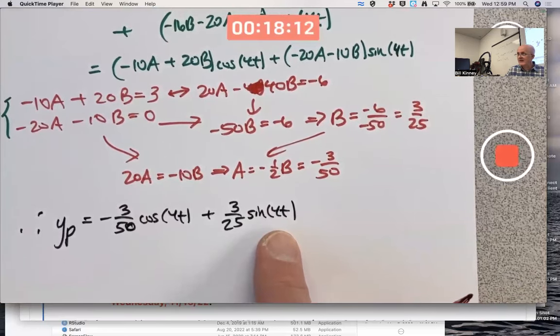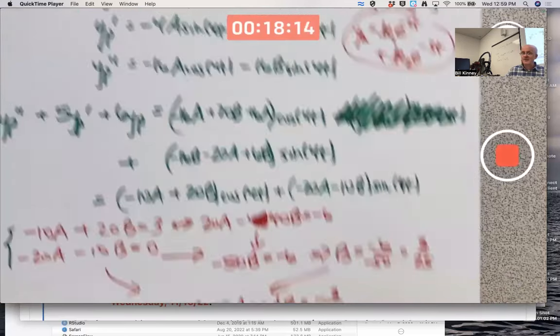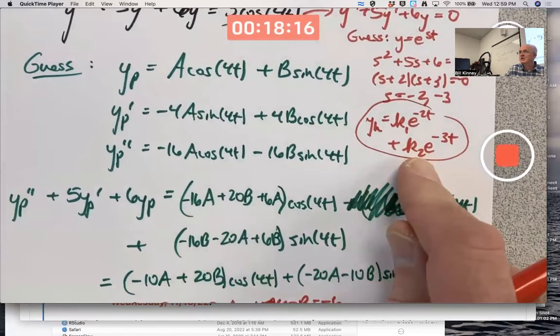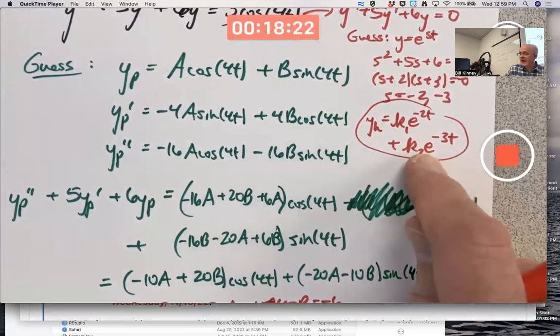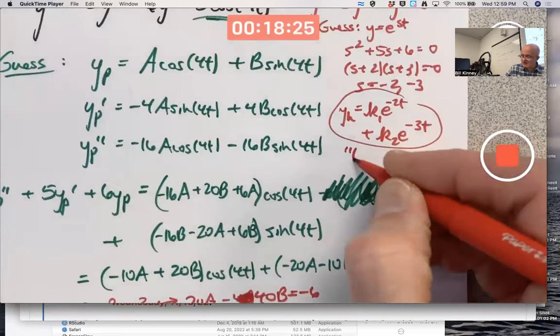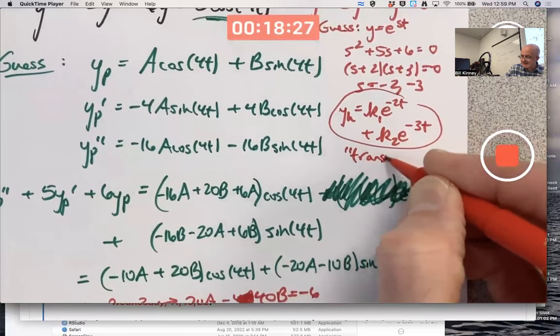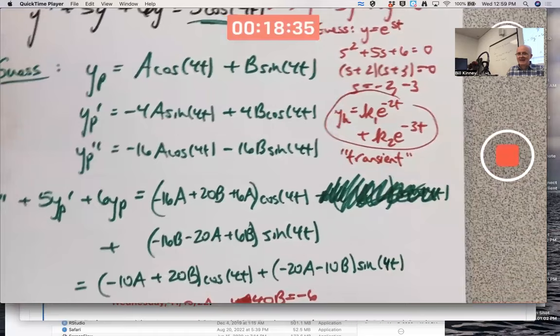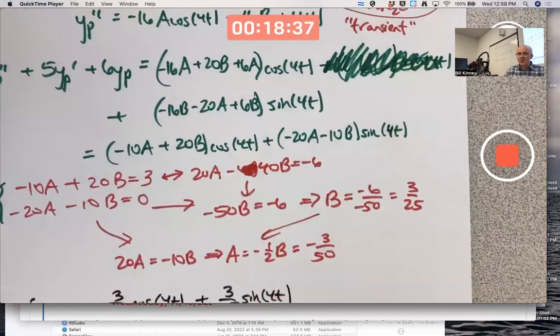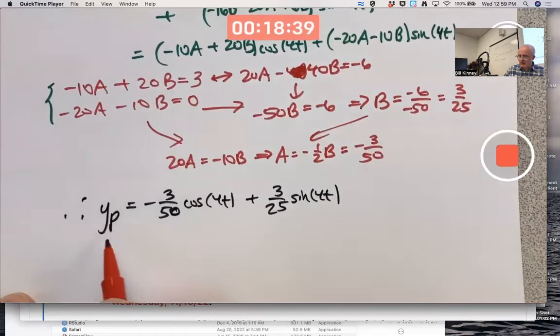In the long run, when t is large enough, no matter what your initial conditions are, the values of k1 and k2 don't matter. This term goes away. It is called transient because it goes away. It gets really, really small when t is really, really large. And in the long run, the sum yh plus yp approaches yp.